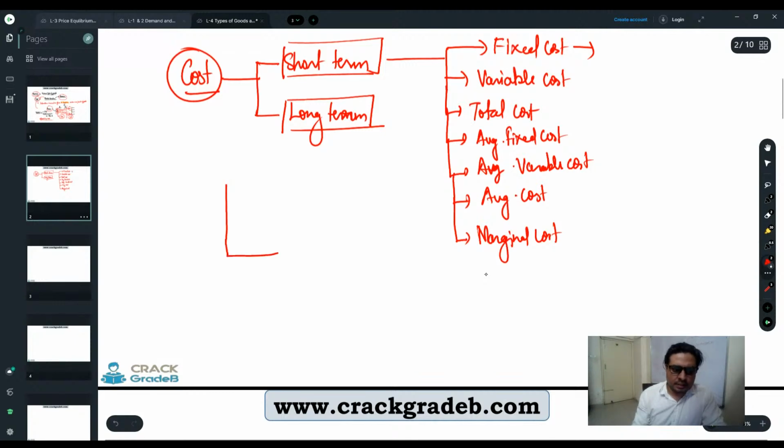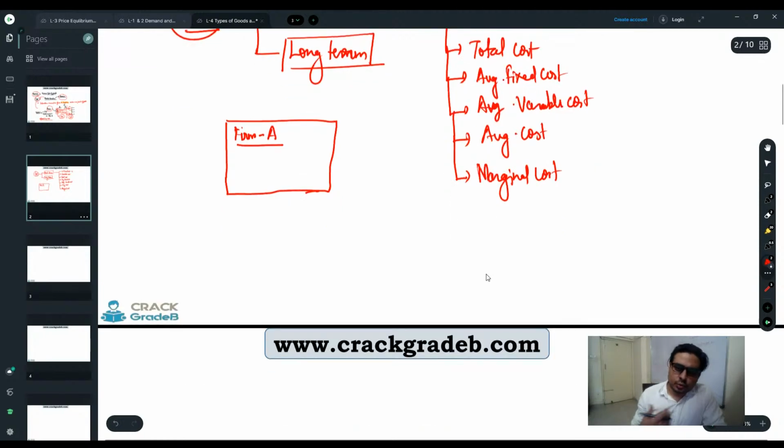So what is the fixed cost? Suppose that there is a production unit for firm A, and firm A is doing the production activity, right?